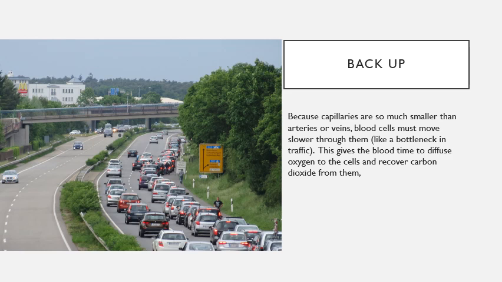But then, almost immediately afterwards, where it opens back up to 4 lanes, you pick up speed like crazy. You try and make up for lost time, and you look out for police officers. That's what's happening here. You go from a 4 lane, the arteries, down to a 1 lane, the capillaries, and then it opens back up to a 4 lane in the veins, getting back up to the lungs.